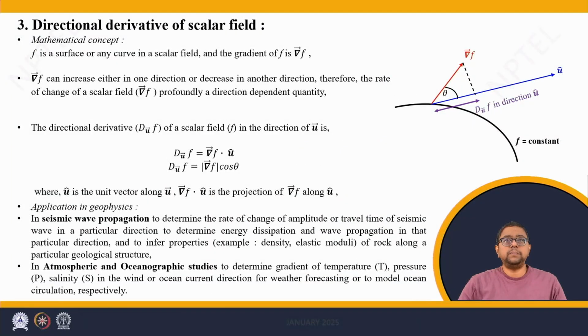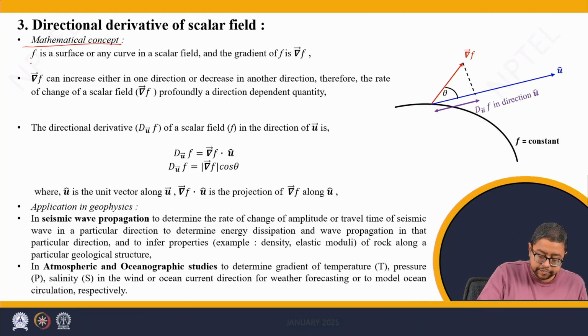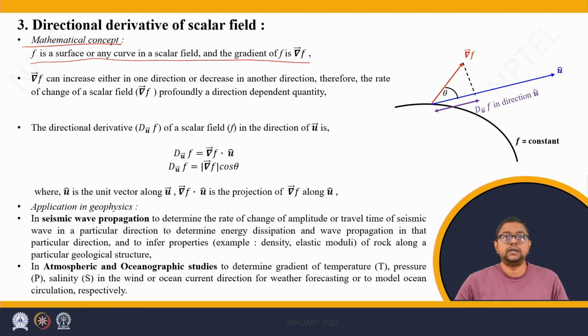Next, we come to the discussion on the directional derivative of a scalar field. The mathematical concept behind the directional derivative is shown here. The directional derivative of a scalar field can be understood by looking at the adjacent figure.